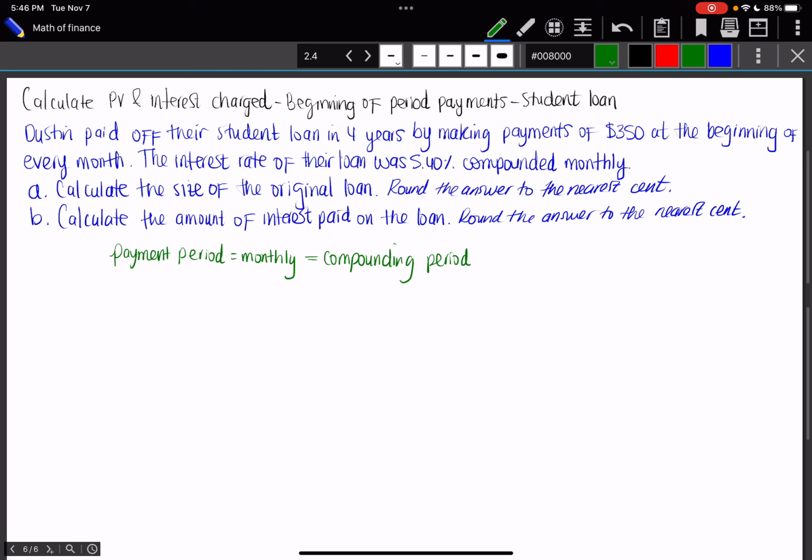So this is an annuity due that is simple. So the first thing we can say is that we're working with a simple annuity due.